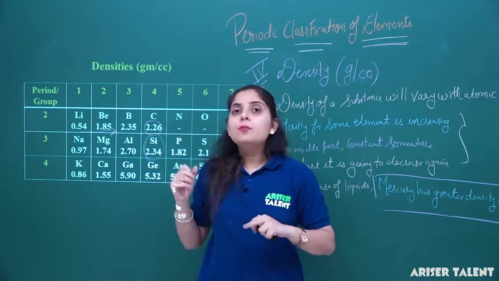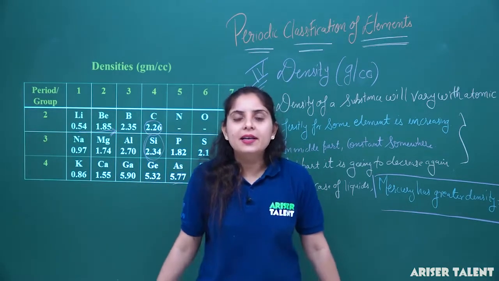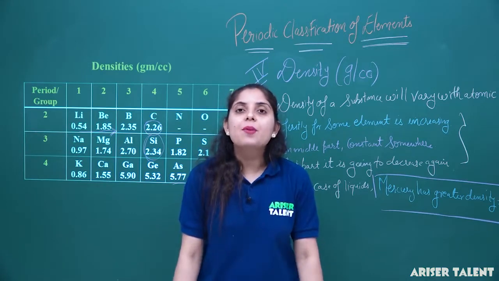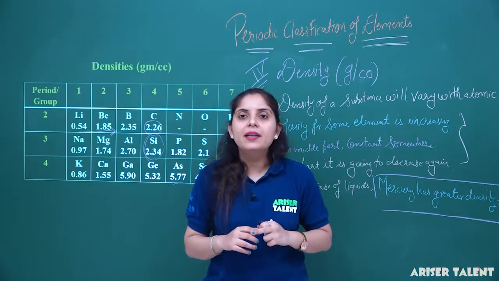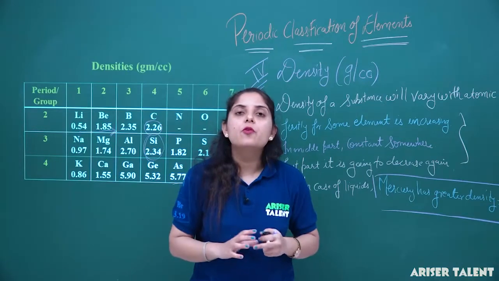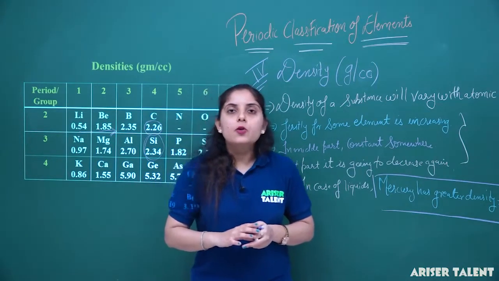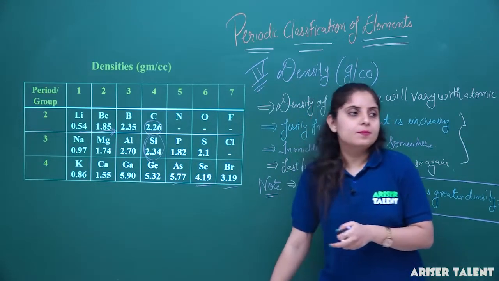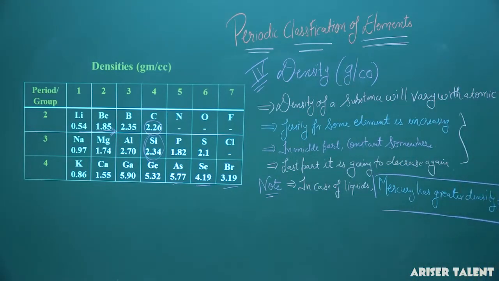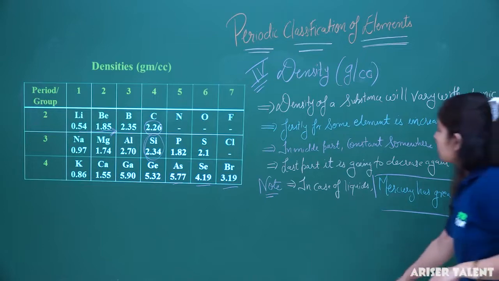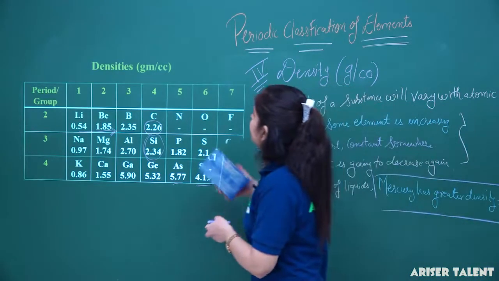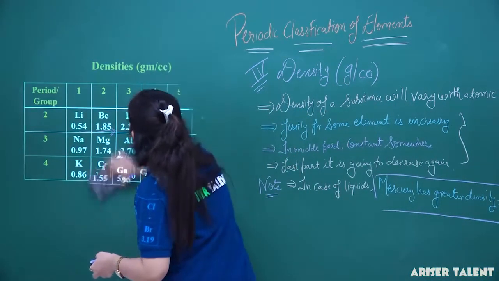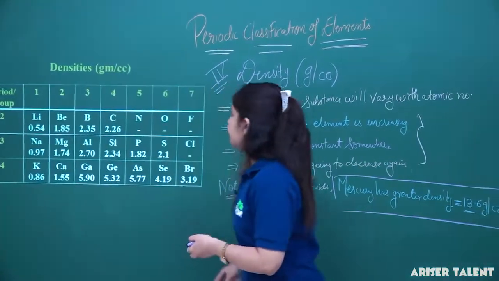Melting and boiling point are usually calculated in degrees Celsius, and it is maximum for tungsten if we are comparing metals, and it is maximum for carbon if we are comparing non-metals. So let us have a look at the melting and boiling points. So now the next topic is about melting and boiling points.